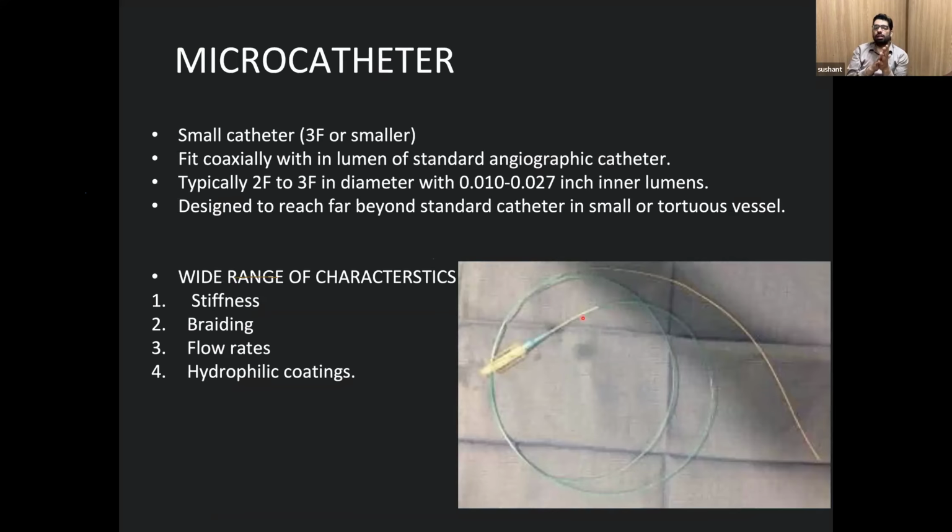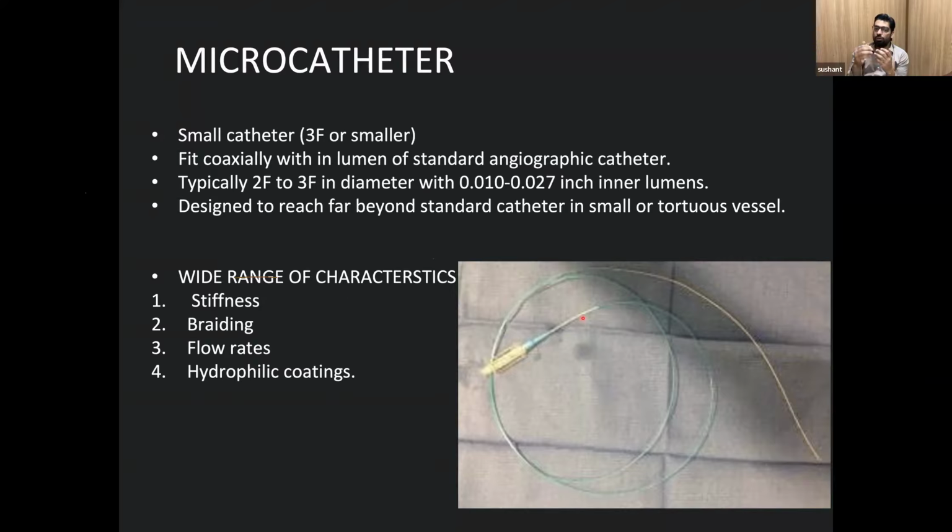Now again, any catheter which is smaller than 3 French is known as a microcatheter. Anything larger than 3 French is a normal guiding catheter, and anything less than 3 French is a microcatheter. So why do we need a microcatheter? The aorta is a big thing, and we can insert sheaths. The celiac axis is smaller, and as we go from central to peripheral, the vessel size decreases. So we also need hardware which is compatible with that vessel size.